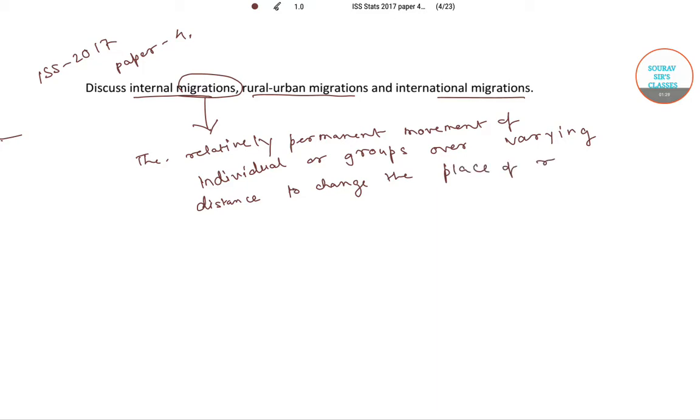So it is a relatively permanent movement of individuals or group over varying distance to change the place of residence.